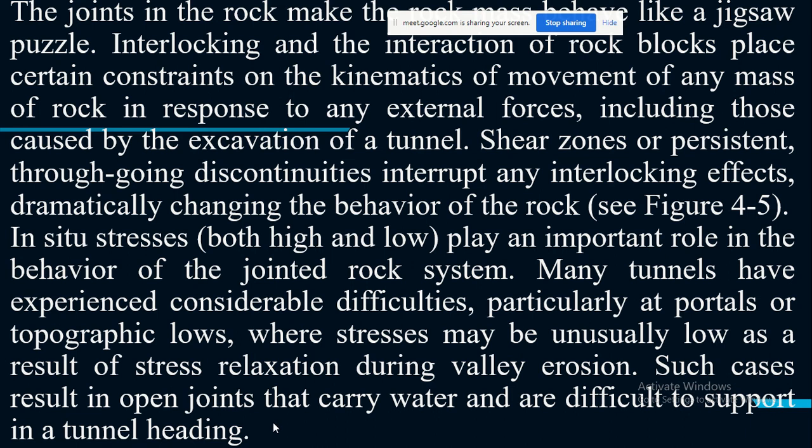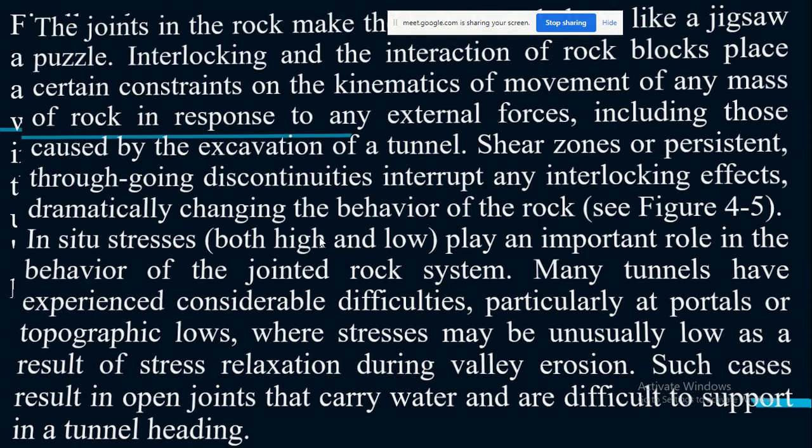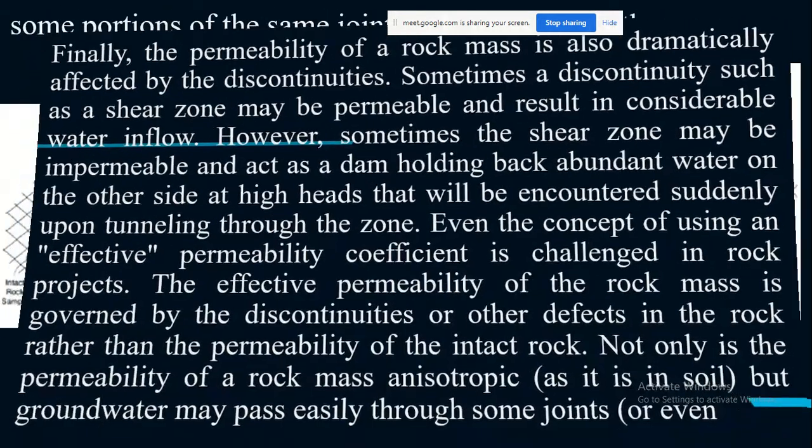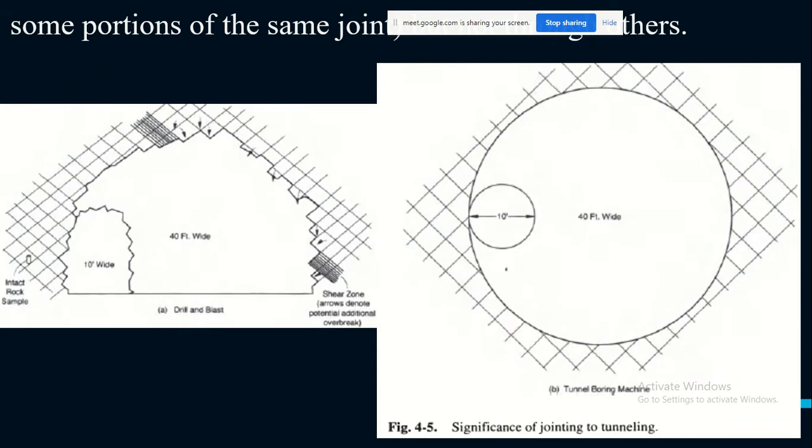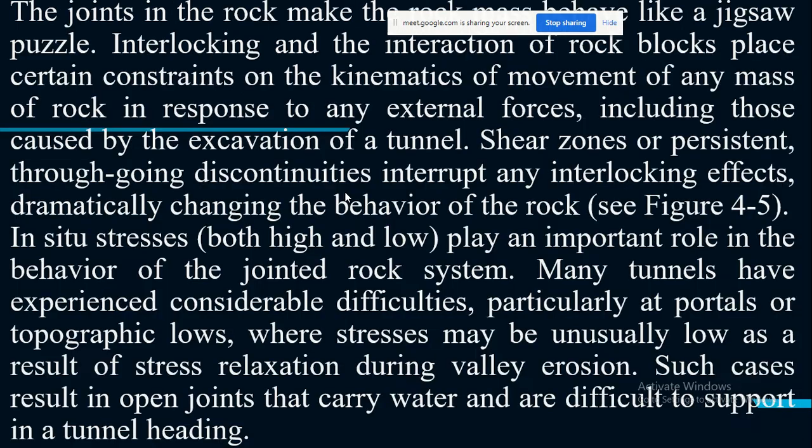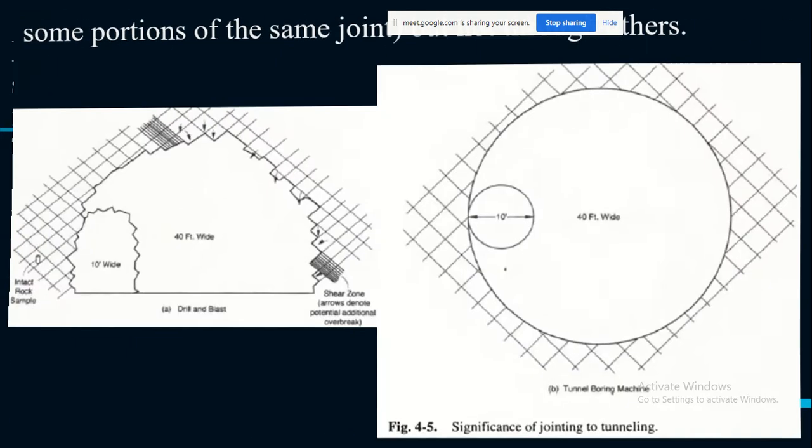So figure 4.5 is just showing the shear zone that interrupts the interlocking effect.